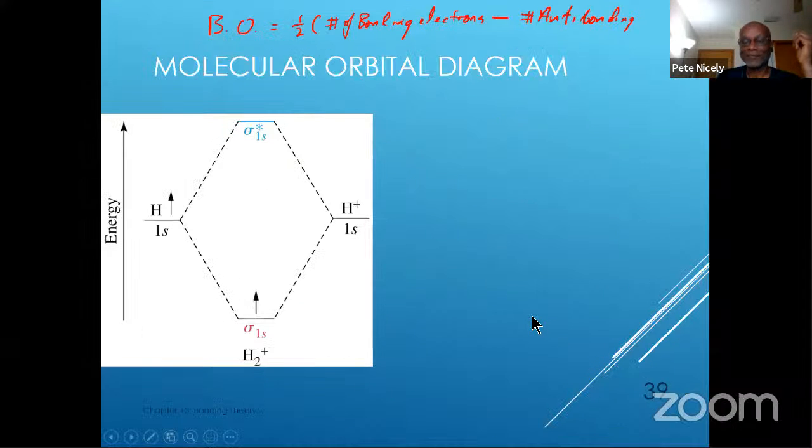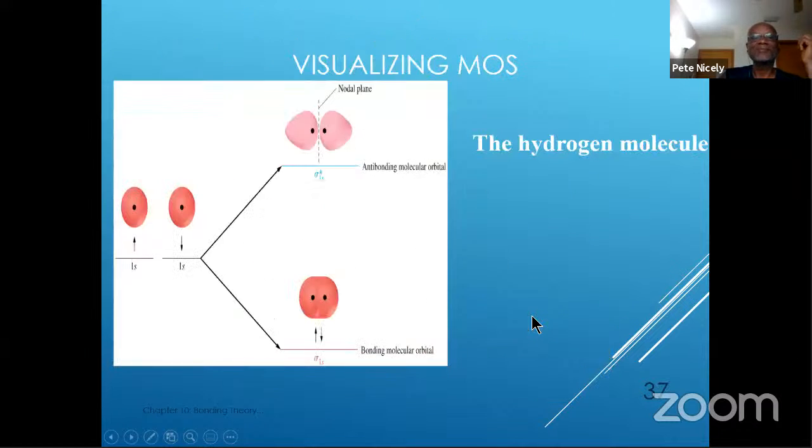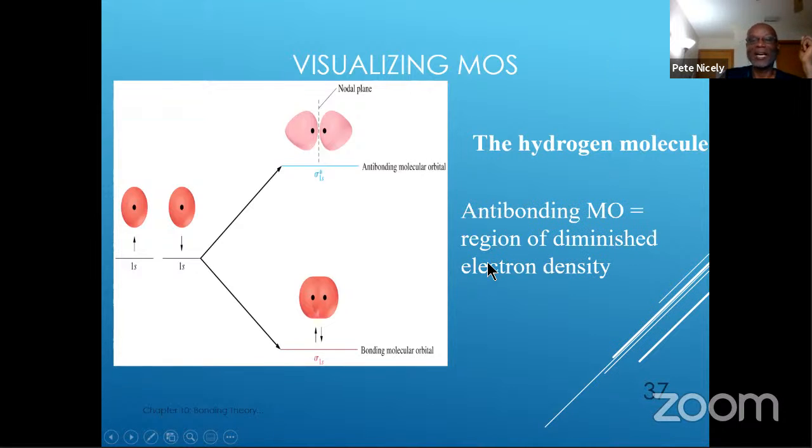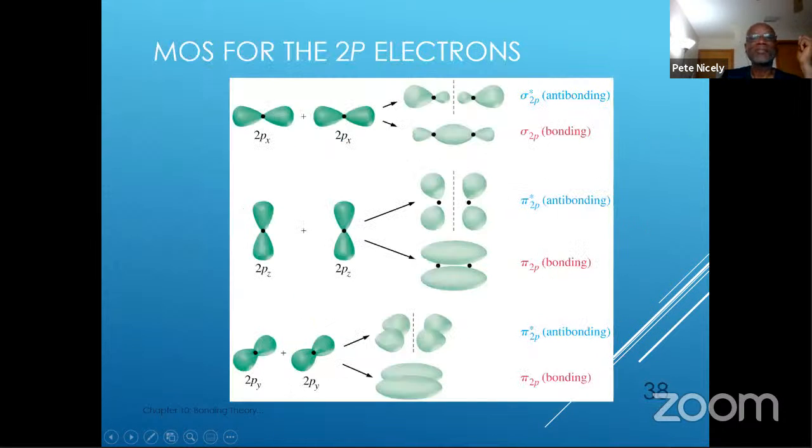All right, so going back to this here. In fact, let me go back to this here. I talked about the hydrogen molecule, bonding, anti-bonding molecular orbitals. And then I spoke about these possibilities for the 2p orbitals, right? In the case of the 2px here, it will form the sigma bonding and anti-bonding orbitals. And in the case of the 2pz's and the 2py's, bonding and anti-bonding pi orbitals.